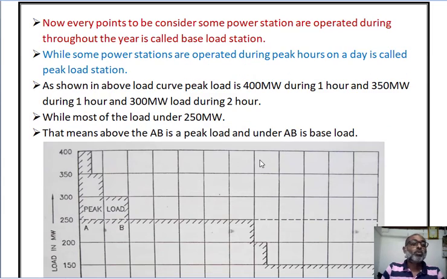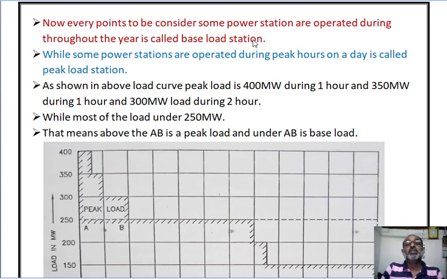So now, to consider each and every point, some power stations that are operated throughout the year are called base load stations. So it is most important.